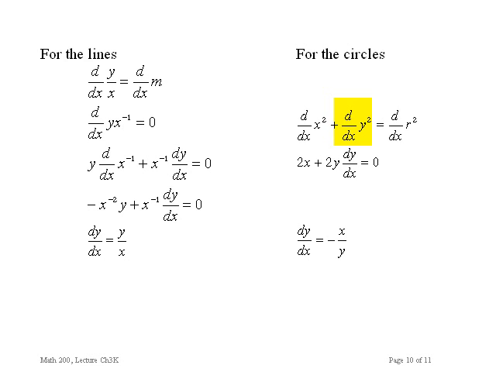The outside function is something squared, the inside function is y. When I take the derivative of something squared, I get 2y right here. Then I have to take the derivative of the inside function, I get dy by dx. I solve for dy by dx, and the answer is minus x over y. These are negative reciprocals. Y over x is a negative reciprocal of x over y. In both examples, we had very simple results. It might not always be the case.